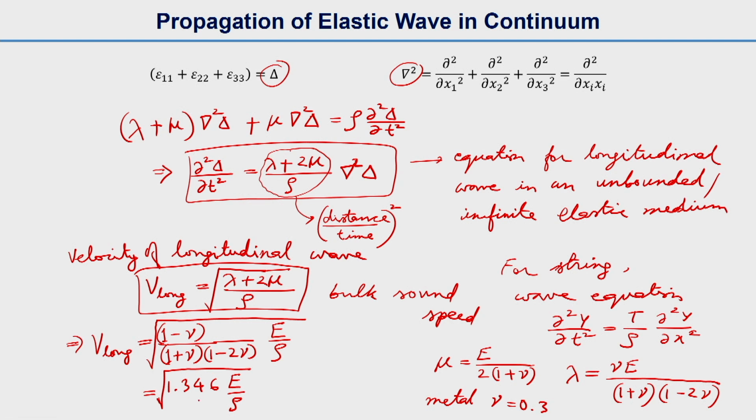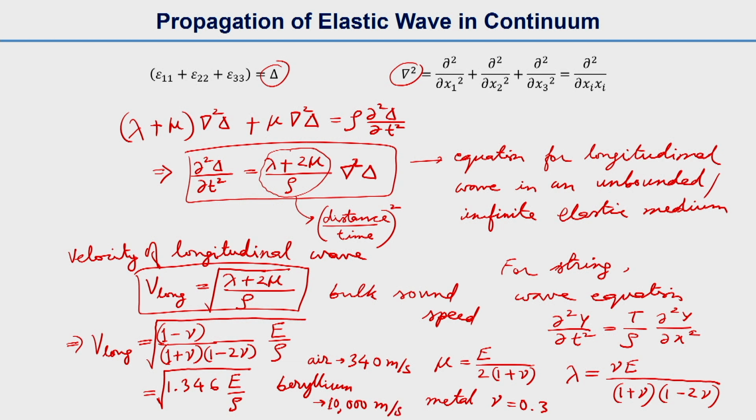So that means the longitudinal wave velocity depends on the Young's modulus and the density. If you see for different materials, for air it is 340 meters per second, and if you check some material like beryllium, which has low density but high modulus of elasticity, the wave velocity will be very high, 10,000 meters per second.